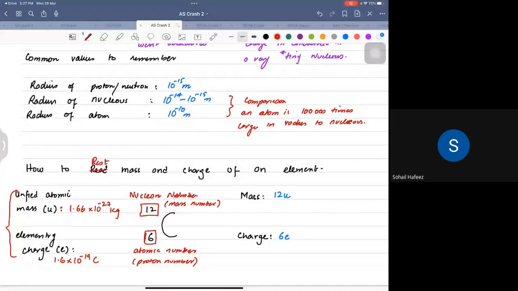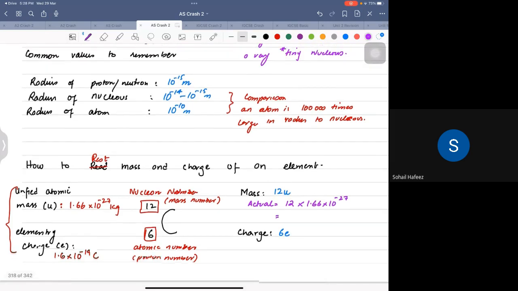So now for carbon only, if I want to find the actual mass, what will I do? I will multiply 12 with 1.66 times 10 raised to minus 27. And that's going to be something like, let me check.